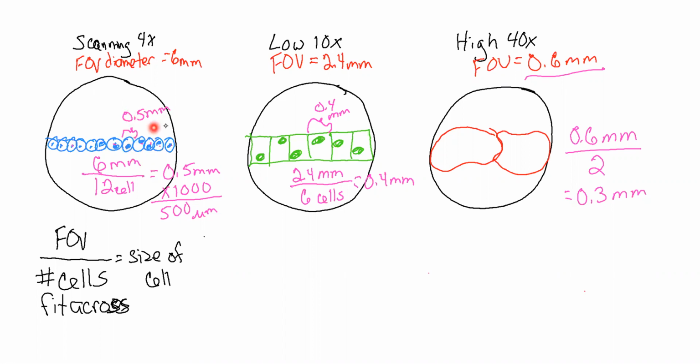As we zoom in, if we look at the last one, these two cells look gigantic, but they're actually smaller than the ones we were looking at over here. That's just because of the magnification that we are using. So we can estimate that these cells are smaller than those based upon the magnification that we are using.